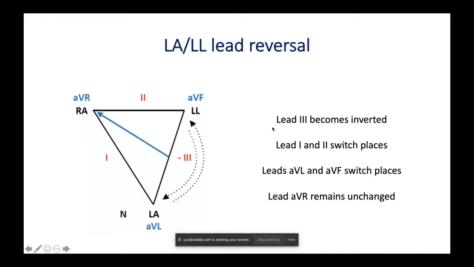And the way you know that is these are certain things that happen when you have left arm, left leg lead reversal. Oh, by the way, this is from Life in the Fast Lane. Most of my EP knowledge is from Life in the Fast Lane. So it's a great resource if you want to look at lead reversal. So lead 3 becomes inverted, leads 1 and 2 switch places, and leads AVL and AVF switch places.